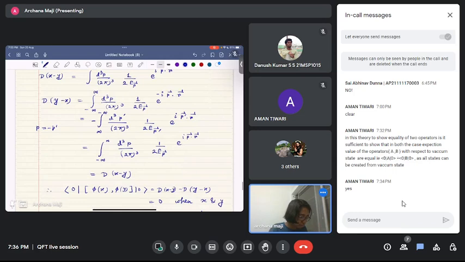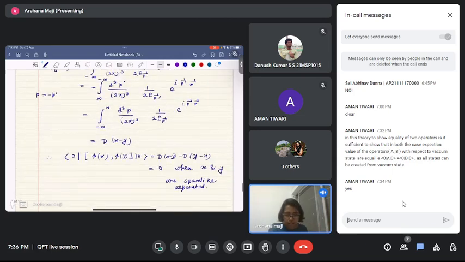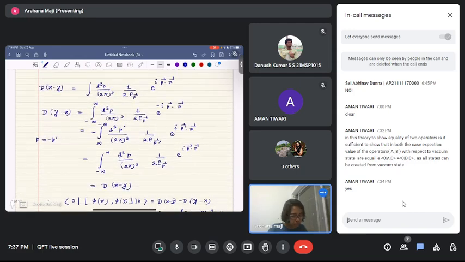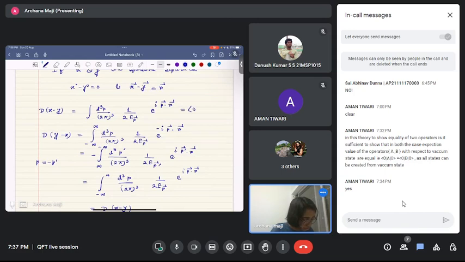I'm saying that if x and y are space-like separated, then the propagation of a particle from x to y and the propagation of the same particle from y to x will be one and the same. So that's why these two propagators turn out to be the same, that is D of x minus y, where D of x minus y means you created one particle at y and then that particle is being propagated to another location x.